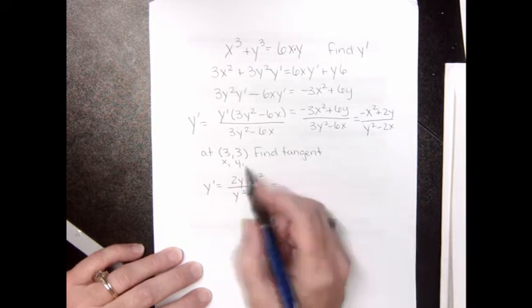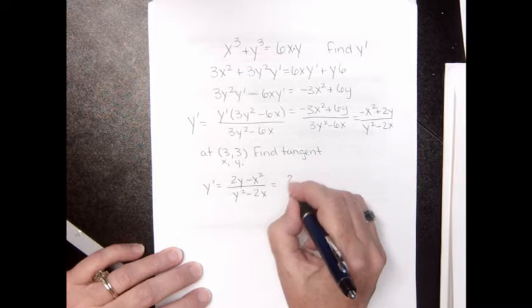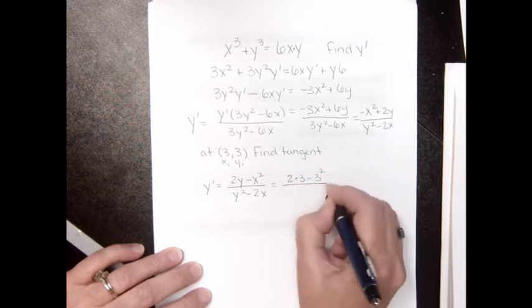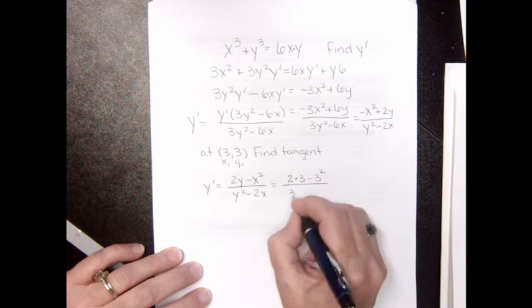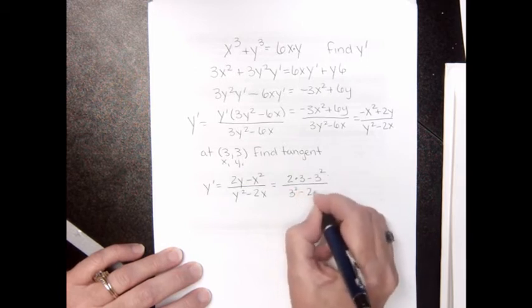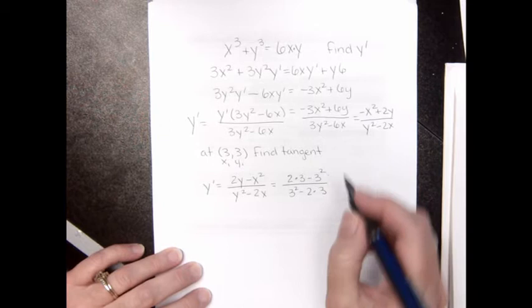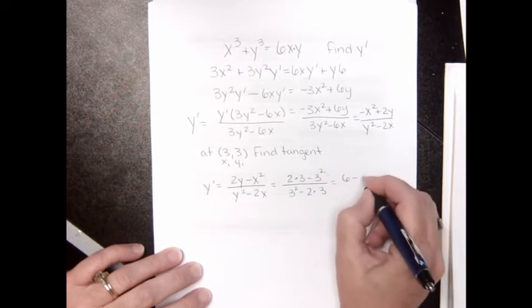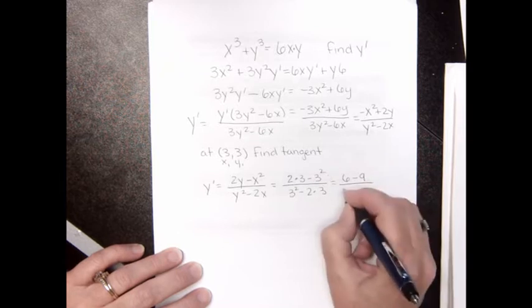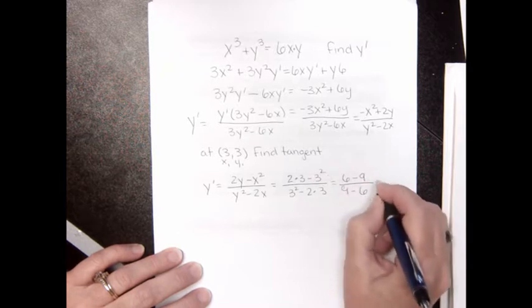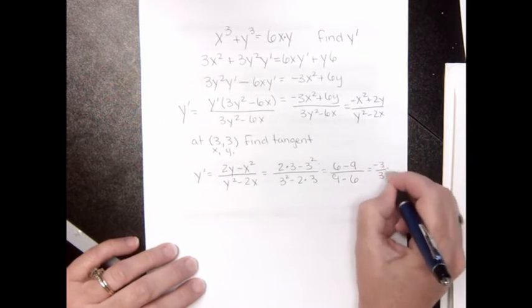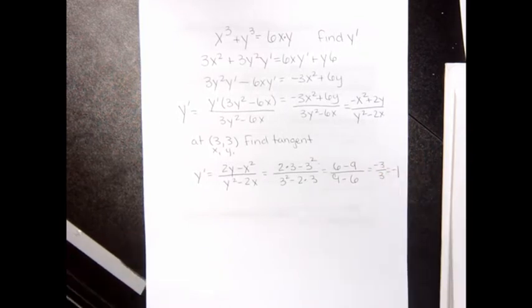Okay, plug in 3: 2 times 3 minus 3 squared, all over 3 squared minus 2 times 3. All right, so this will be 6 minus 9 over 9 minus 6. On the top, negative 3, bottom positive 3, so I have negative 1. So that is my slope at that point.